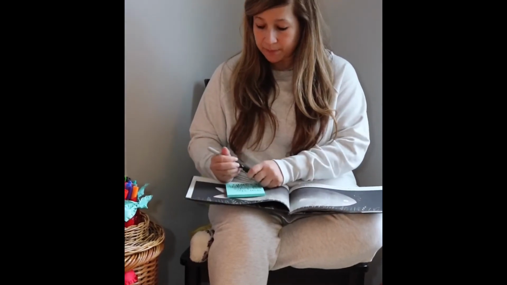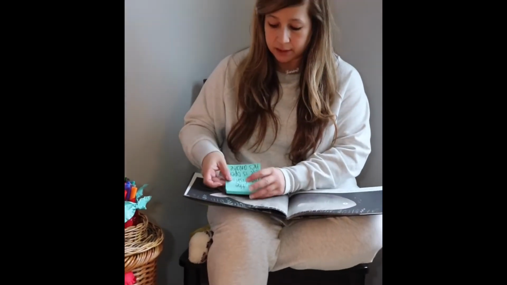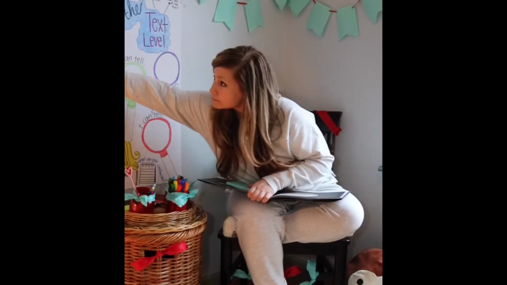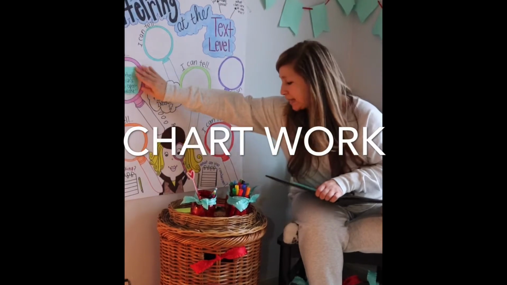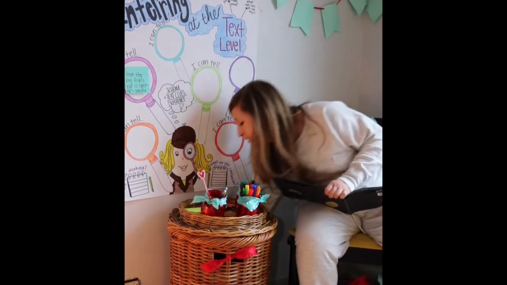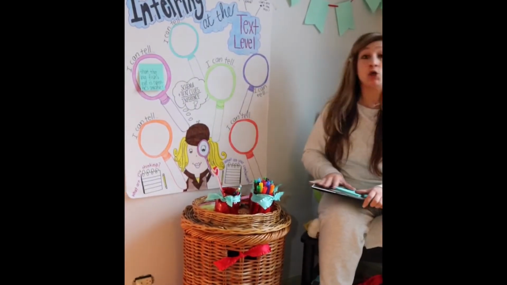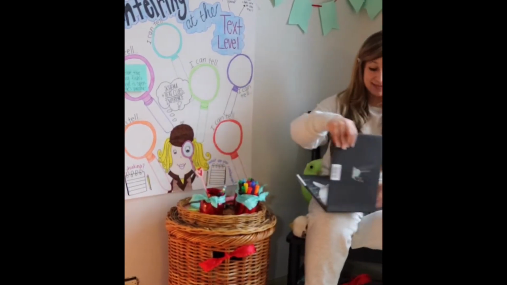And what I'm going to do with my Post-it is I'm going to stick it on top of this chart that I've made. You don't have the chart at home, but that's okay. Keep your Post-it there so you can track all your thinking. Put it inside my magnifying glass and oops, let me grab mine. So, I can tell that the big fish's eye is open and he's awake. Let's see what happens next.